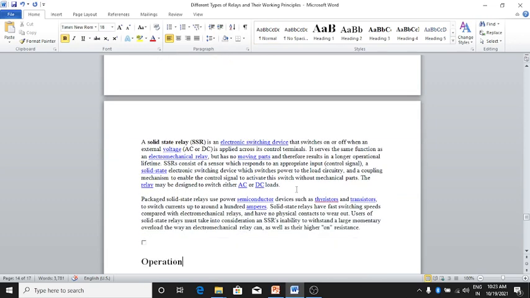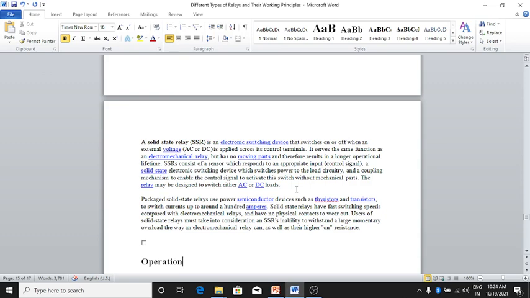Next is solid state relay. A solid-state relay is an electronic switching device that switches on or off when an external voltage, AC or DC, is applied across its control terminal. It serves the same function as the electromechanical relay but has no moving part and therefore results in a longer operational lifetime.